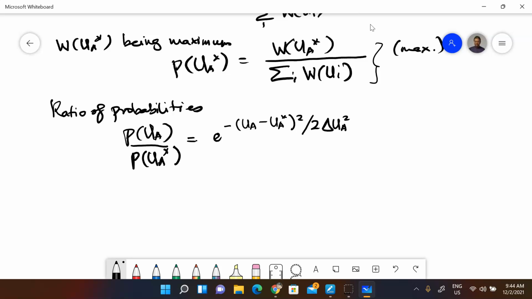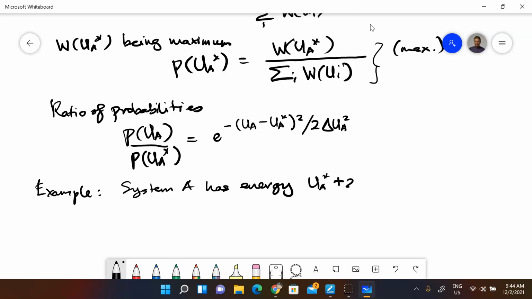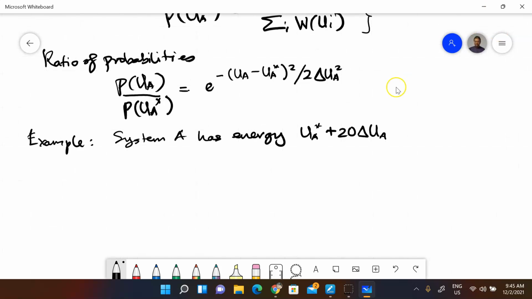So let's work out a numerical example. Example here: system A has energy UA star plus, say, 20 delta UA. In other words, this is a deviation from the equilibrium state. Let's look at the probability of that.